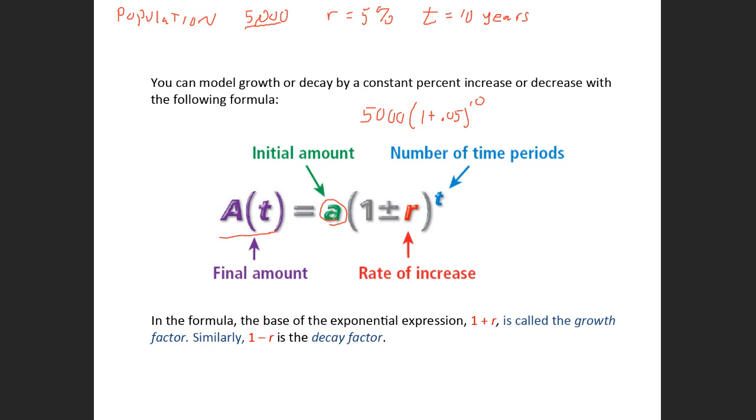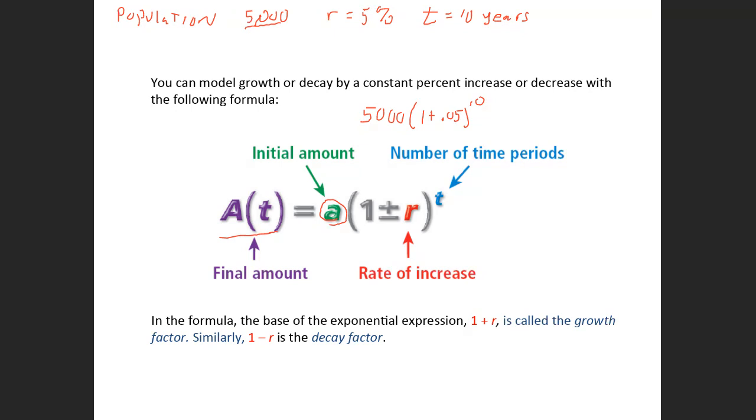I'm going to go 1 plus 0.05 raised to the 10th power, and then times 5,000, because that's my original amount.